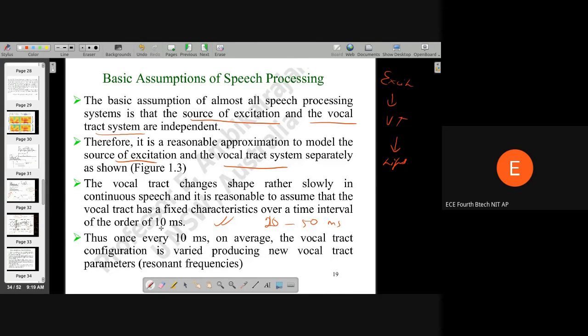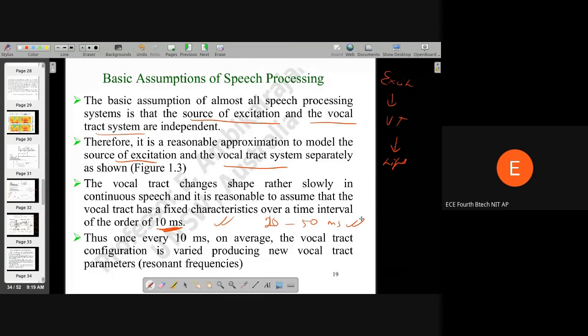For a time period of around 10 milliseconds, almost no change can occur in the vocal tract. Significant change over the whole voice production system does not occur for around this time, and hence we generally use windows of those lengths to analyze speech signals.